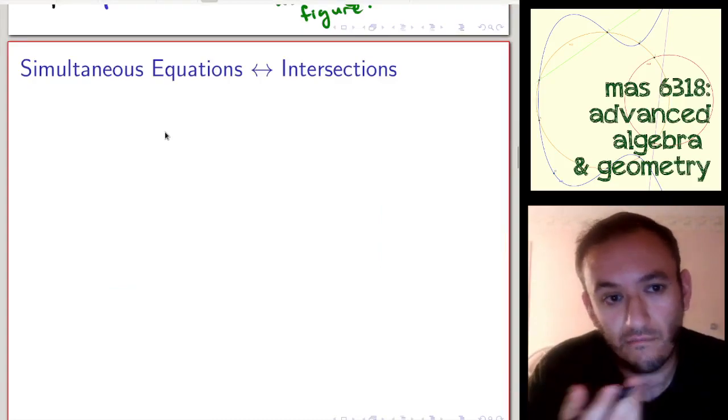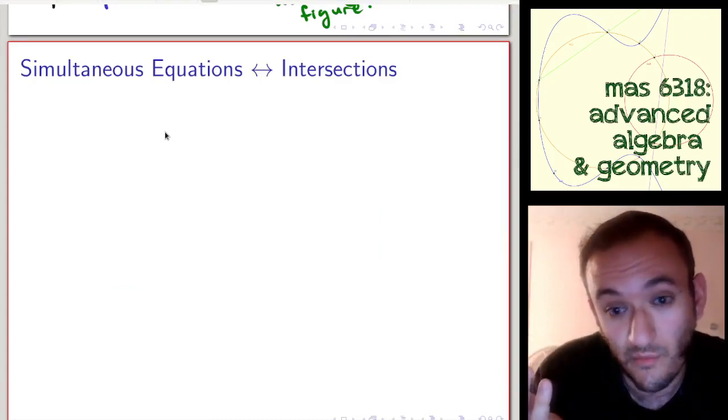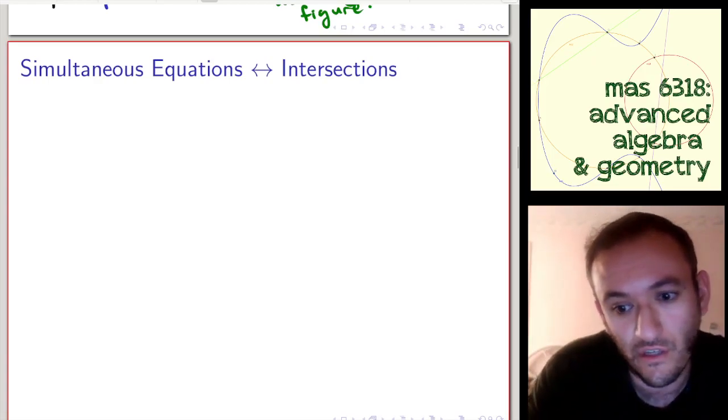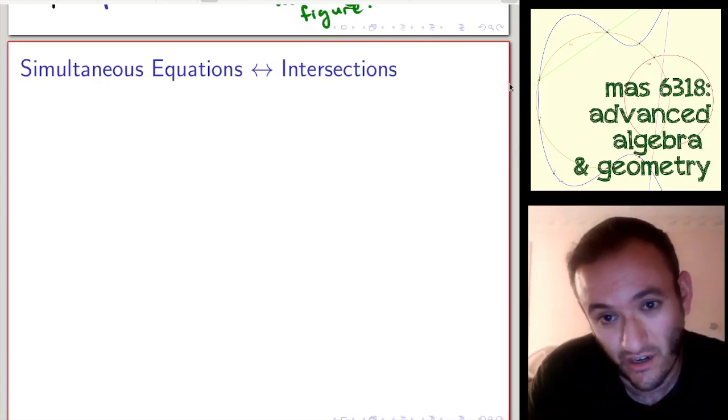So now that these geometric objects are being described by equations, we can think about what happens when those geometric objects intersect each other.